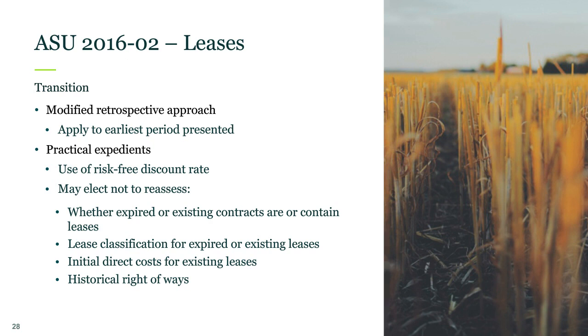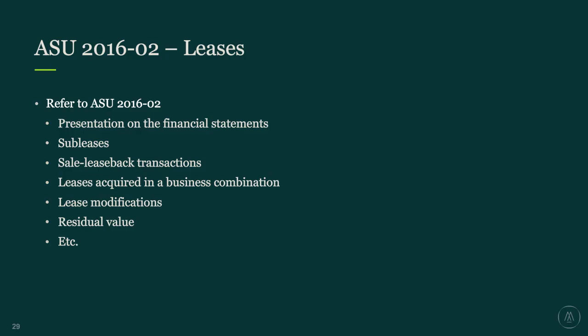So a couple more slides on at least this section, real quick. Here's just a few random topics to consider, and really trainees could go on for quite some time on these items. So please do go read the ASUs regarding these items.